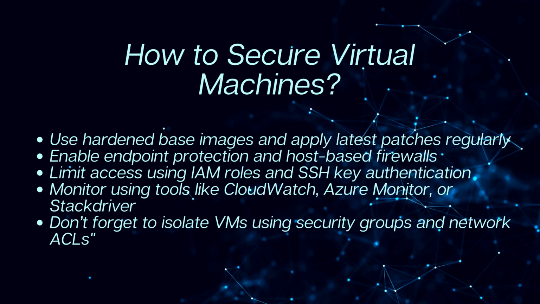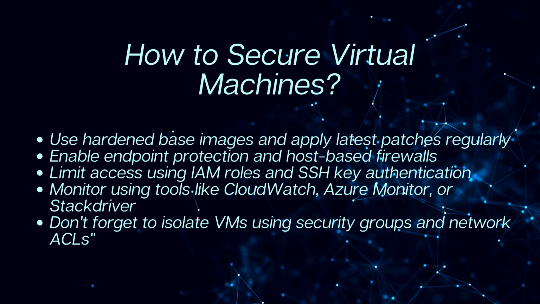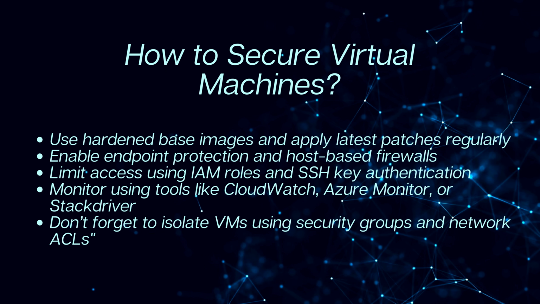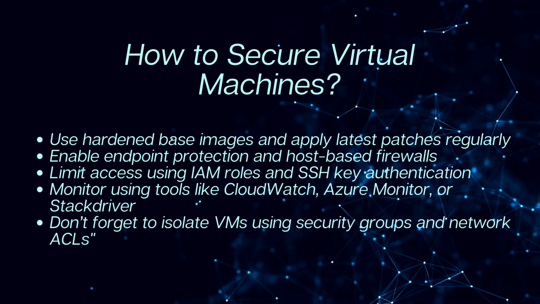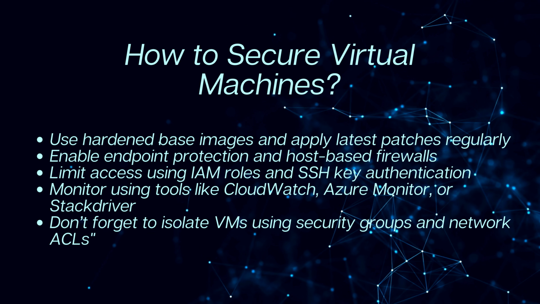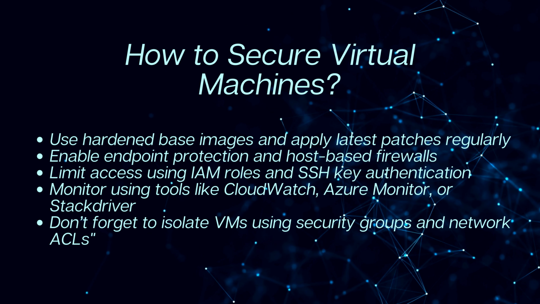Enable endpoint protection and host-based firewalls. Limit access using IAM roles and SSH key authentication. Monitor using tools like CloudWatch, Azure Monitor, or Stackdriver. Don't forget to isolate VMs using security groups and network ACLs.